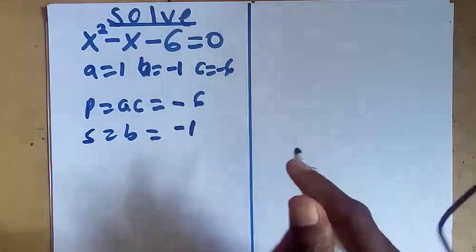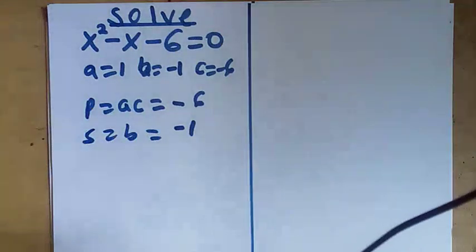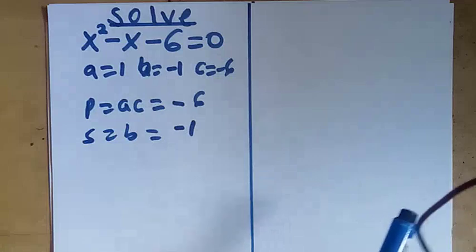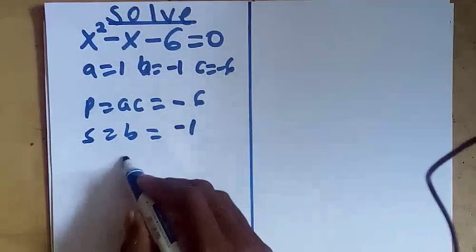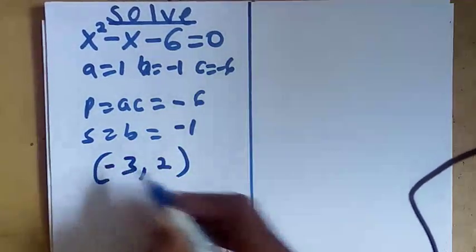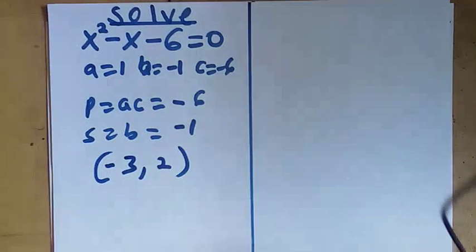Now, are there two numbers that, if you multiply them, you get -6, and if you sum them, you get -1? I guess the two numbers are 3 and 2, but one of them must be negative, so -3 and 2.